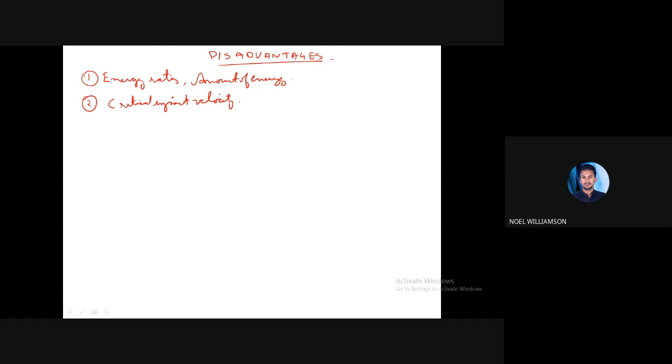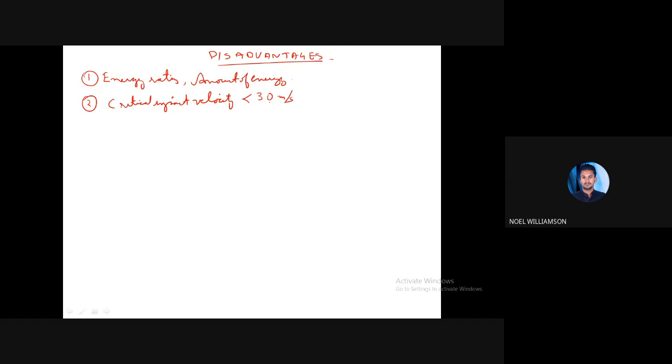So the materials having critical impact velocities below 30 meters per second are practically not possible for electro-hydraulic forming.